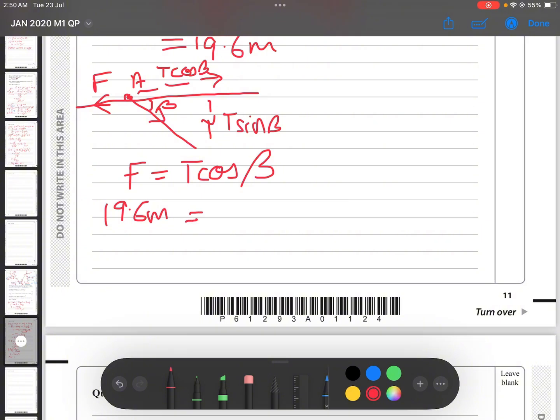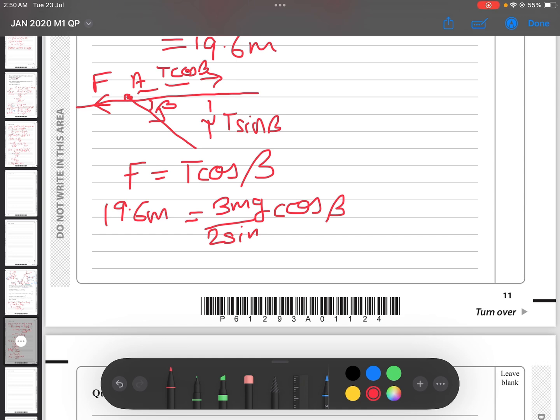And T cos beta can be written as 3 mg by 2 sin beta, because we found tension T in part A, times cos beta. We have to find tan beta, and tan beta is sin by cos, but you can see we have cos by sin.